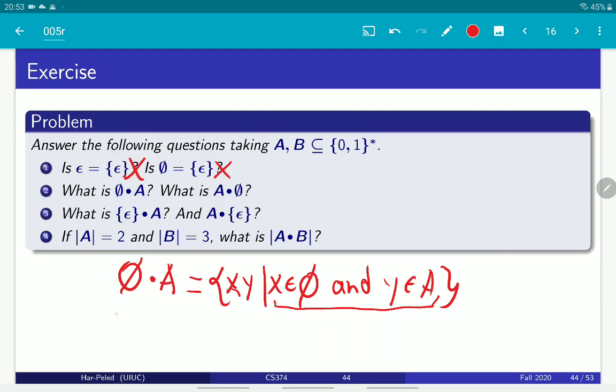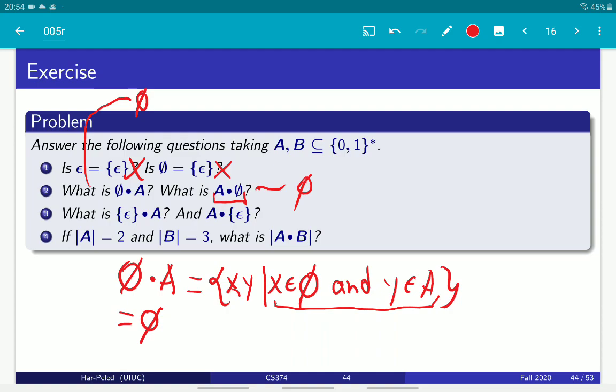So this is an empty set. And of course the same is true for the other order, because the same argument implies that concatenating A with the empty set is the empty set.